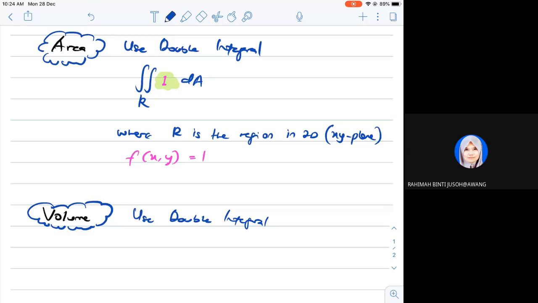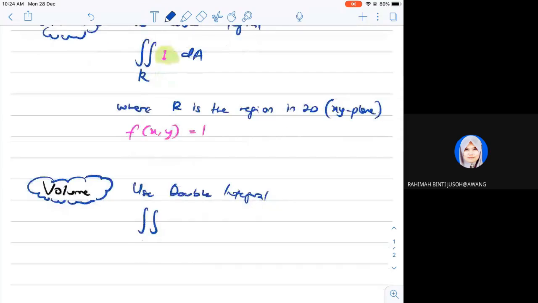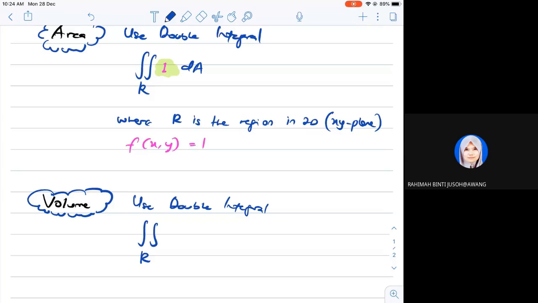If you are using a double integral to calculate the volume, we will have double integration towards region R. But here we will have f(x,y). We have a function in the middle.